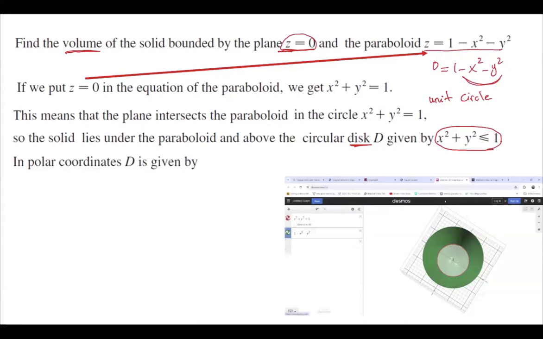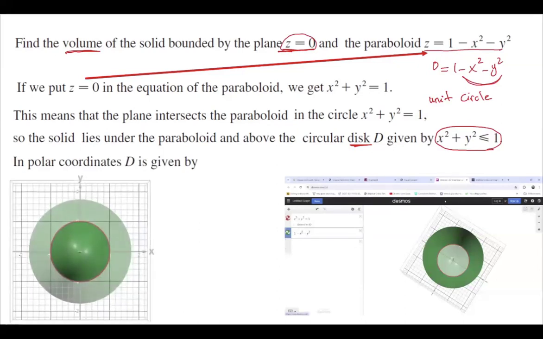In polar coordinates, we can rewrite D in the following form. x is r cosine theta, y is r sine theta. So if you plug those into the inequality, you get x squared, which is r squared cosine squared, plus y squared, which is r squared sine squared, and this simplifies to r squared.